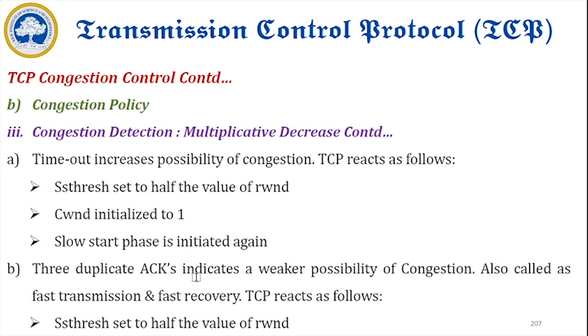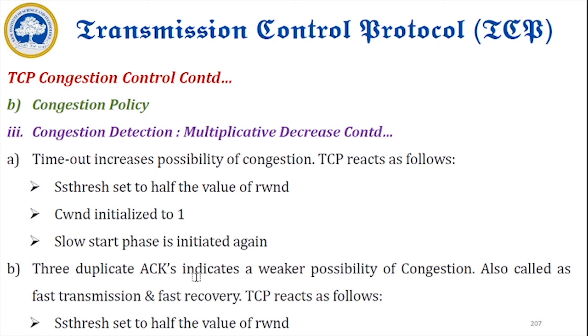Okay, so these are the two reactions that TCP has if a timer is out, or if it receives three duplicate acknowledgement messages. The segment may have been dropped, or some segment might have arrived safely sometime after three duplicate acknowledgements are received.